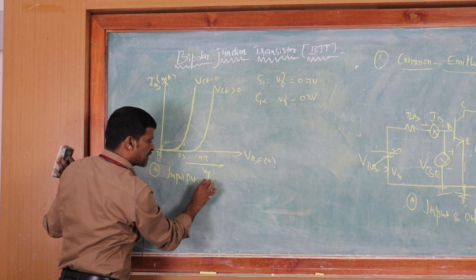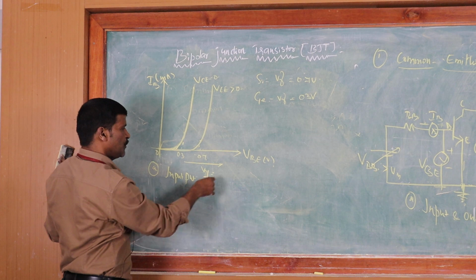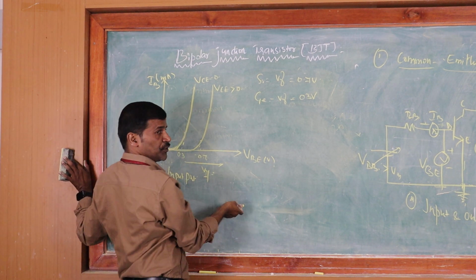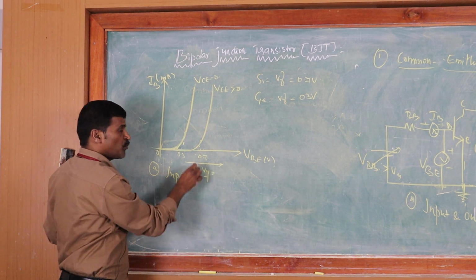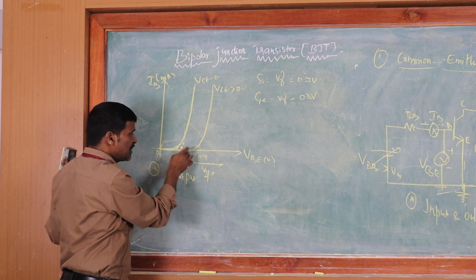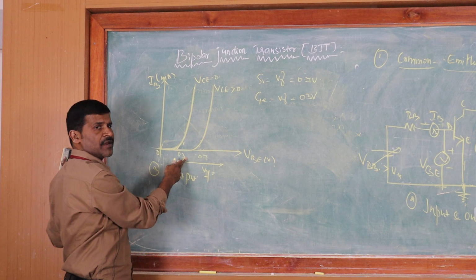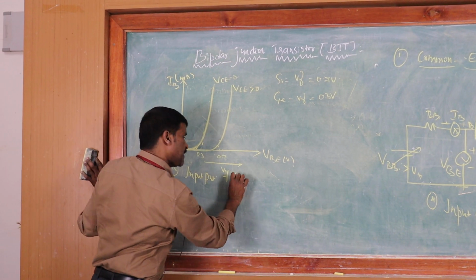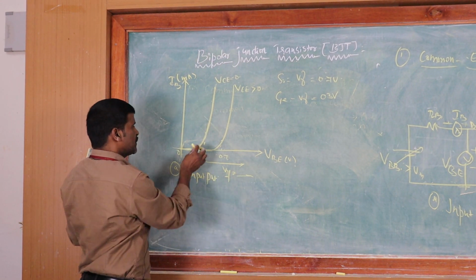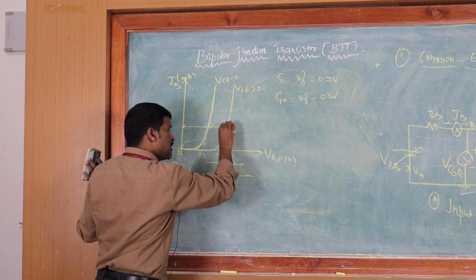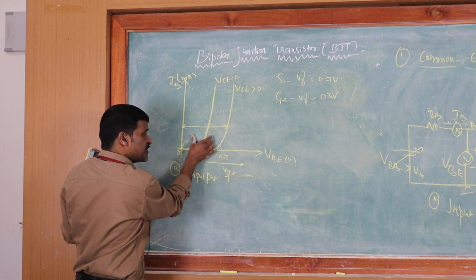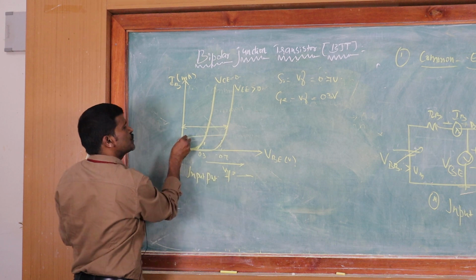As your input voltage increases, the current increases to the maximum, whereas the minimum voltage is the cut-in voltage. The forward bias voltage VF cannot exceed 0.3 or 0.7 volts, even if you increase your applied voltage to more than 30 volts, because the minimum voltage required to turn on the device is only 0.3 or 0.7. If you go on increasing your applied voltage, the space charge width or depletion width of the forward junction is reduced towards 0.